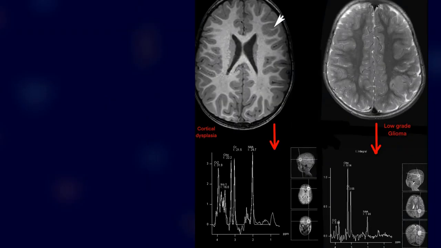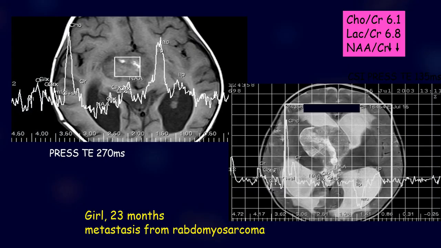In this case, we can differentiate low-grade glioma from cortical dysplasia by MRS. The cortical dysplasia gives an almost normal curve, but the low-grade glioma shows increased choline. And so we can differentiate glial from non-glial, primary from secondary tumors, as N-acetyl aspartate is a neural marker, so it's present in the glioma, but not in a metastasis or non-glial tumor in the brain.